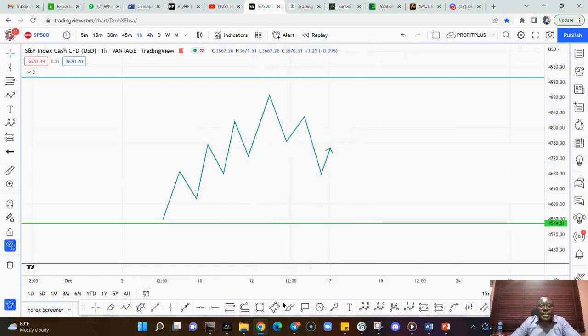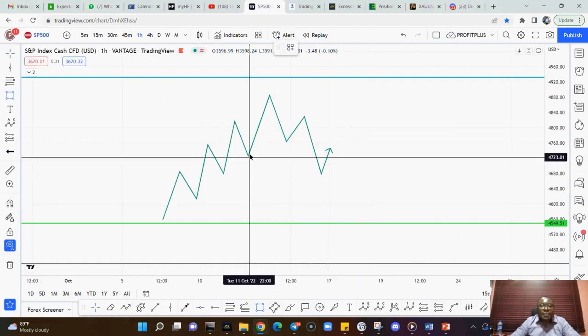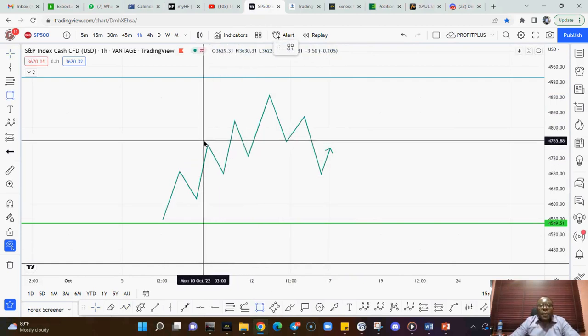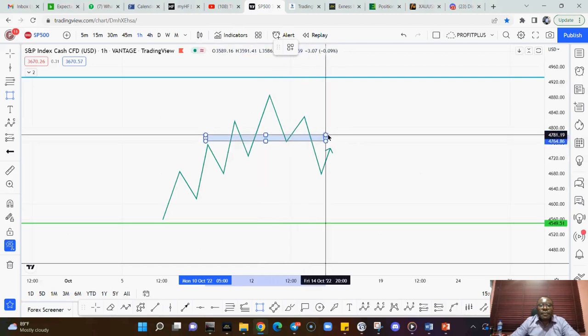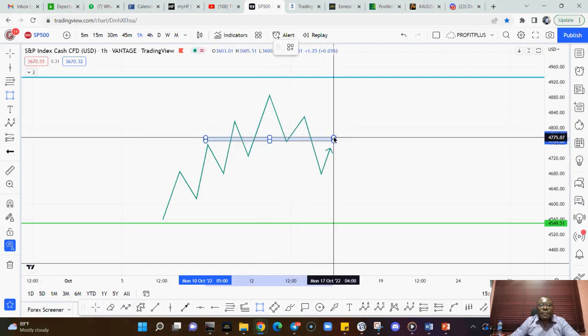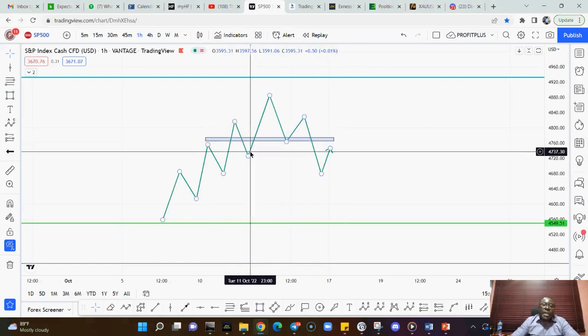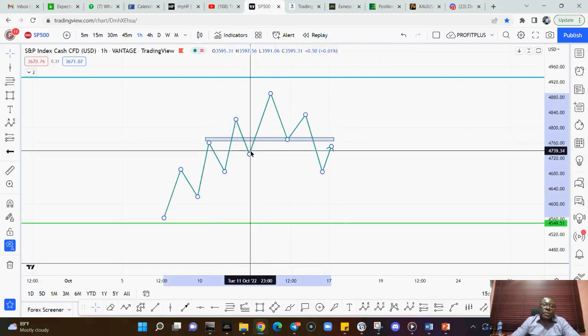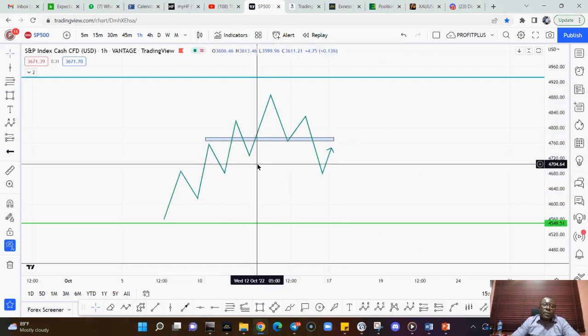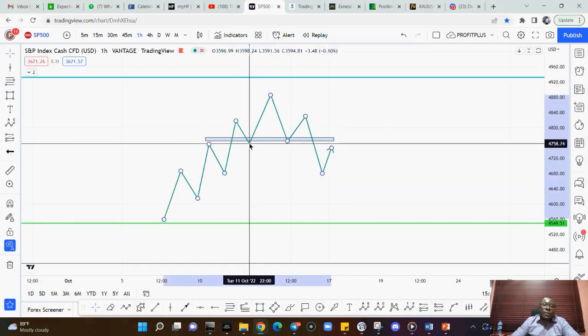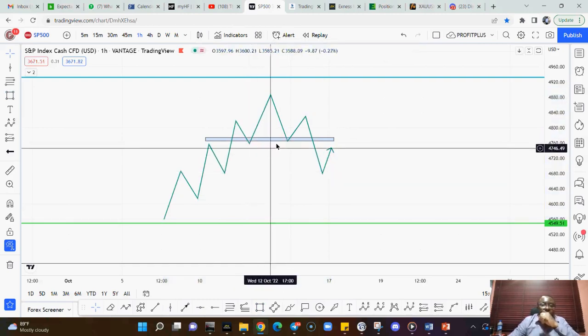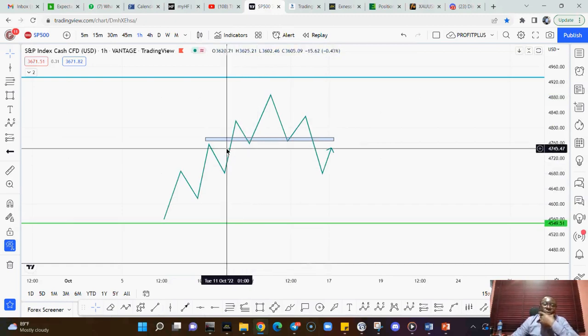Okay, so this is the next line here, around this area. You do something here to connect these two levels.